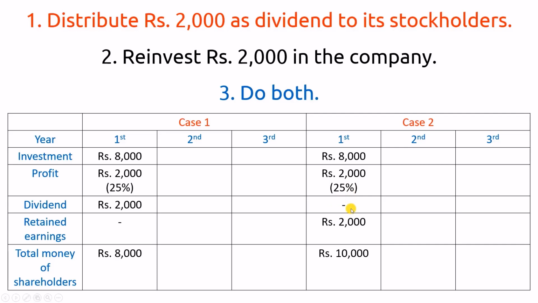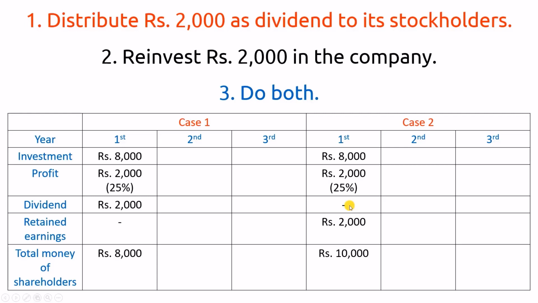Nothing is given as dividend. So the company doesn't give dividend to the stockholders, and the company can do that. Remember that a company need not compulsorily pay dividend to the stockholders. It is the choice of the company to pay or not to pay.